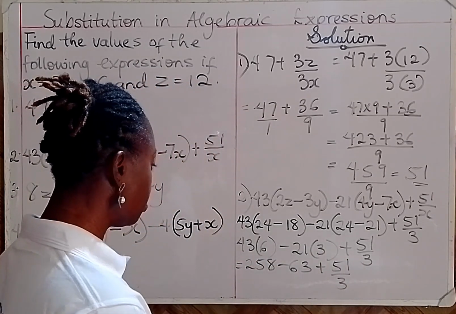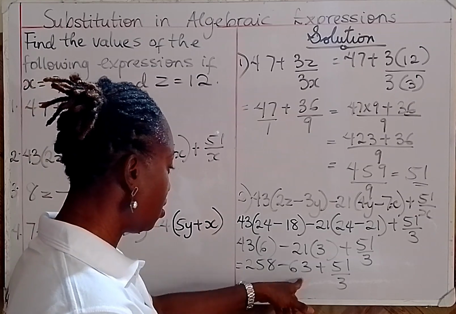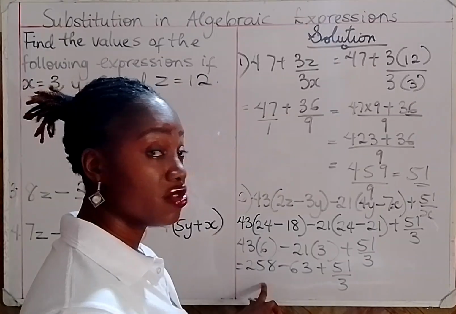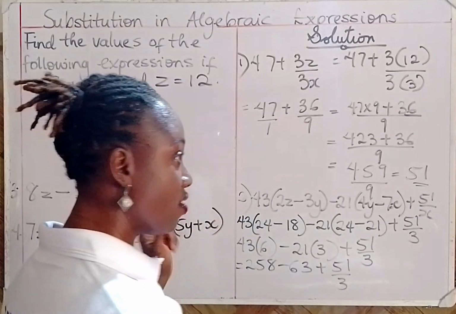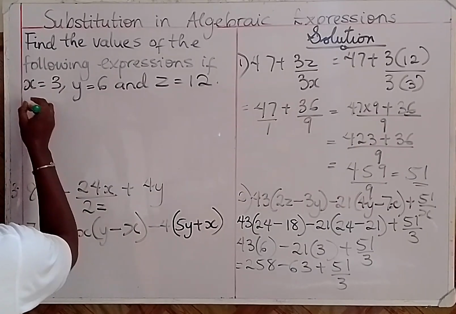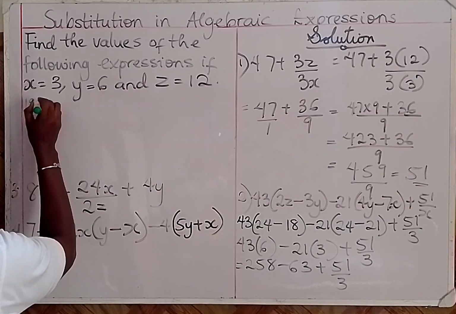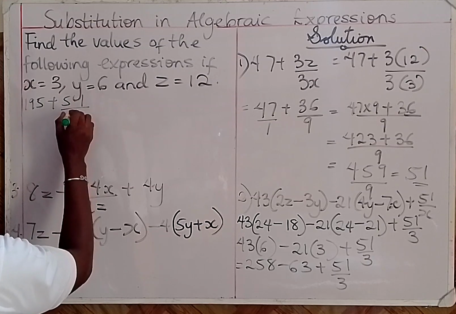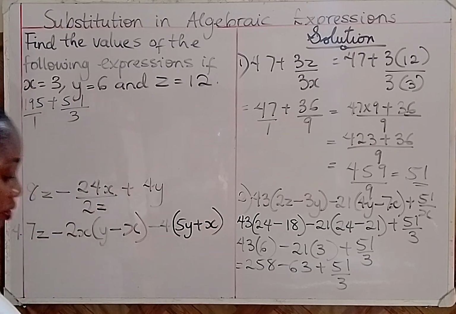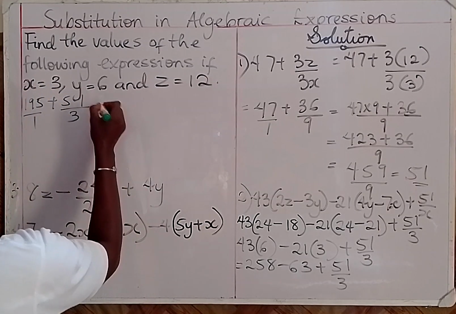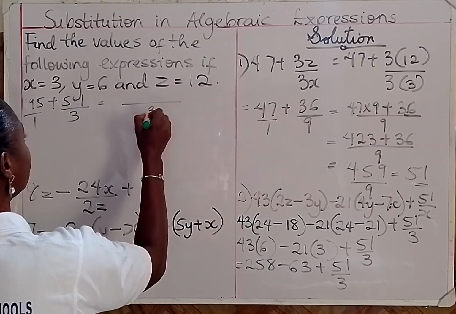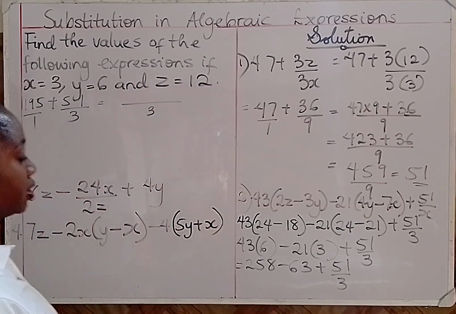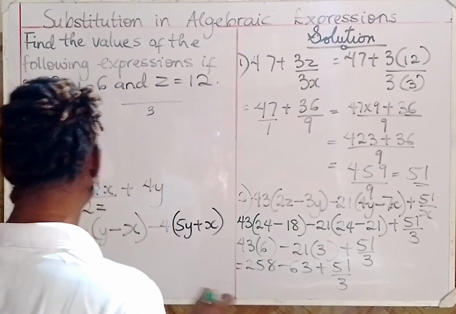Right, so take away 63 from 258. 258 minus 63 equals 195. So we have 195 plus 51 over 3. So divide, right? So from here we have 195 times 3 equals 585.